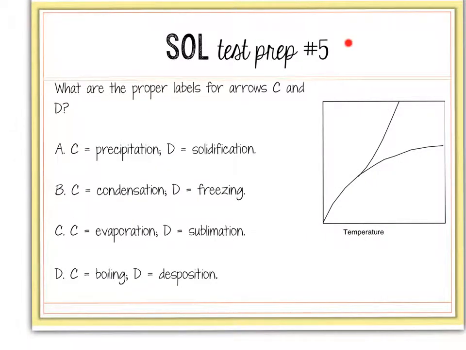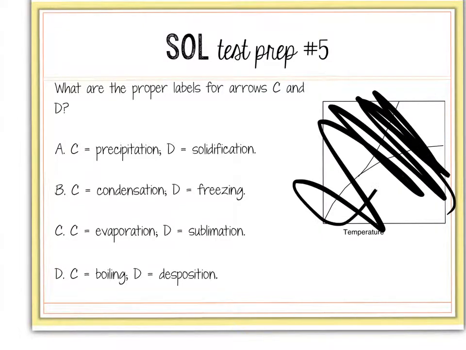And again, same situation for test prep question number 5. You are not going to use that chart. You're going to use the image that is on your own paper because it's the one that is correct. This image did not come across properly. I want you now to identify what arrows C and D are using the choices here.